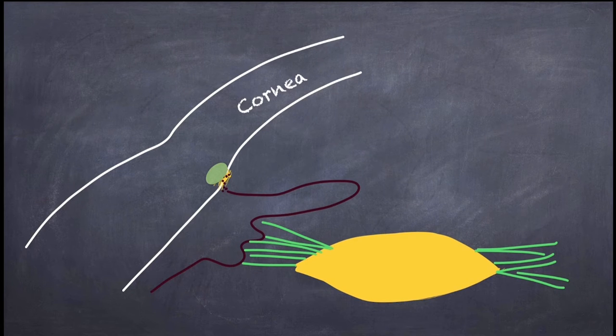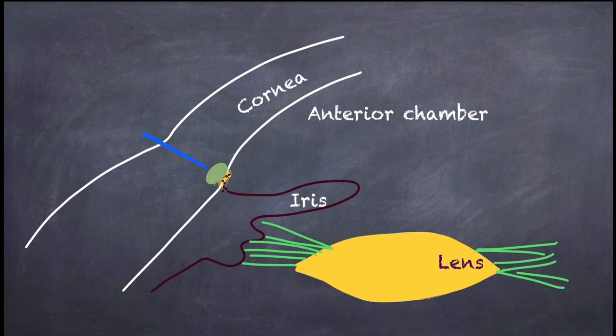This is a sketch of the anterior segment of the eye with cornea shown. This is the anterior chamber, lens, and then iris. These are the veins. I will be explaining them.